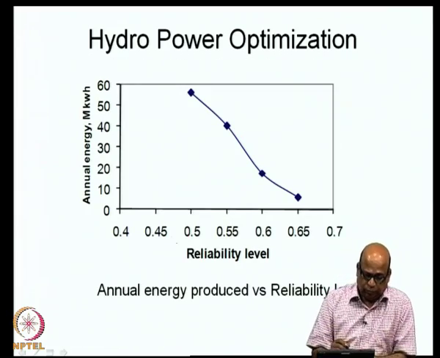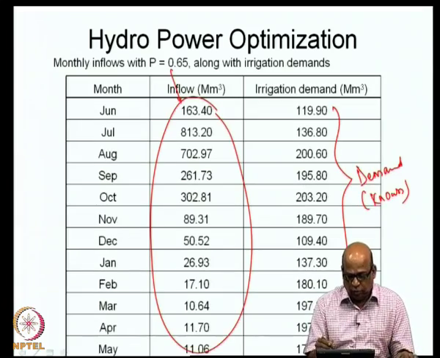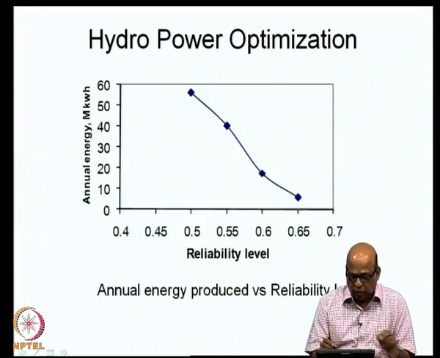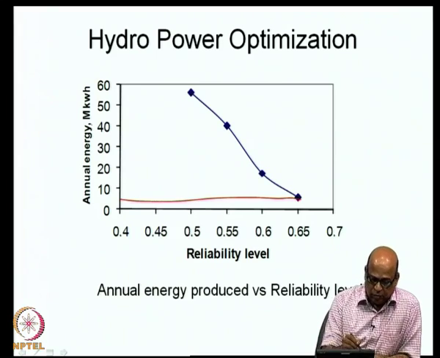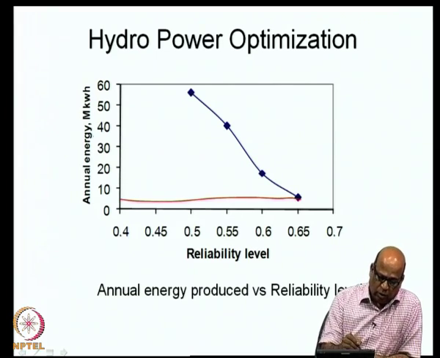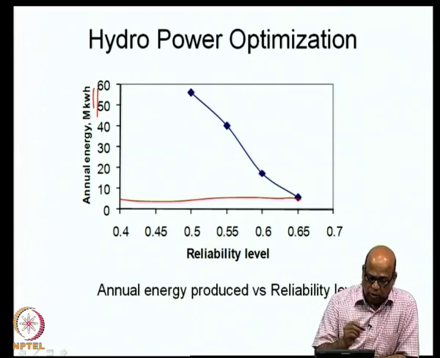So, here you will get the reliability level, you fixed 0.65, for the 0.65 it comes to somewhere around 6, this is billion kilowatt hour. So, the unit is kilowatt hour here, million kilowatt hours.